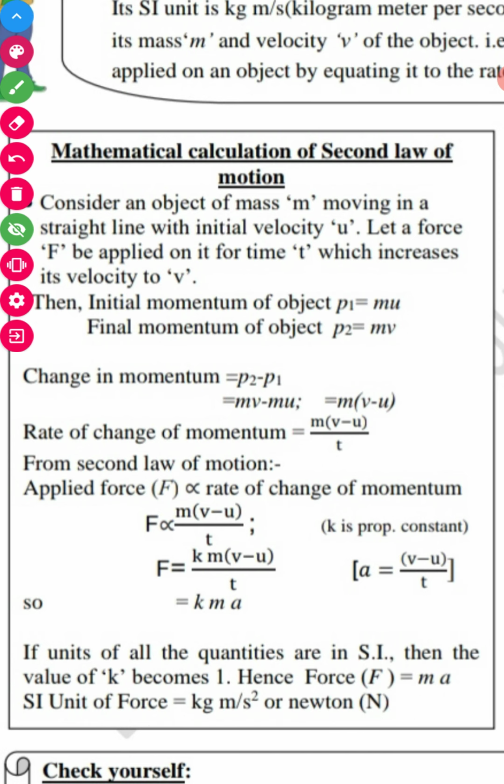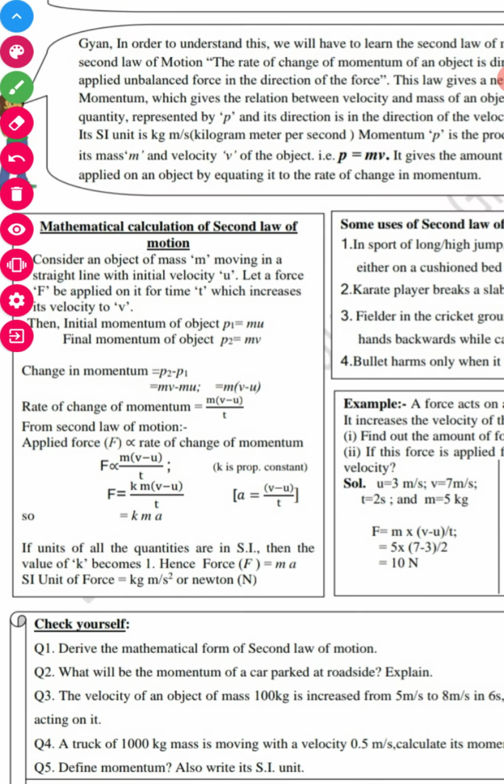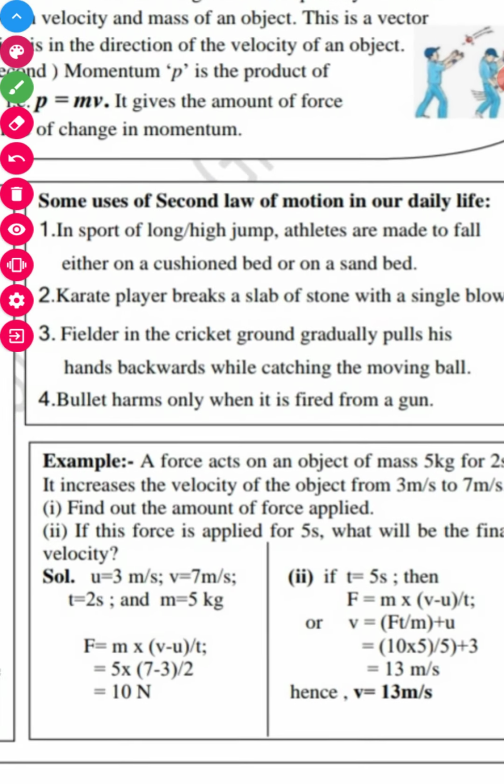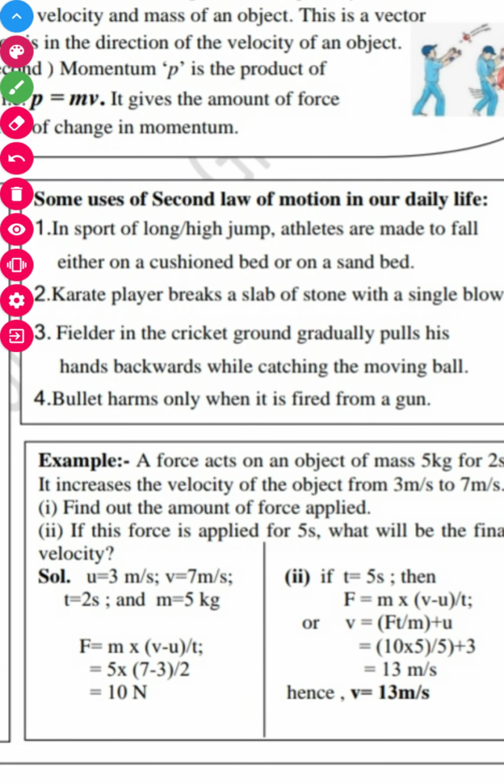They have given you some examples from our day-to-day life. In sports, the long and high jump athletes are made to fall either on a cushion or in a sand bed, so that they are hardly injured.